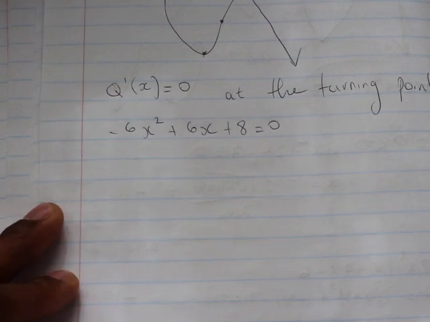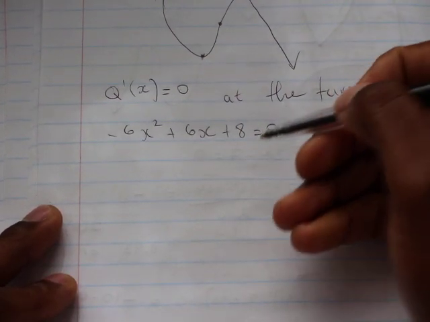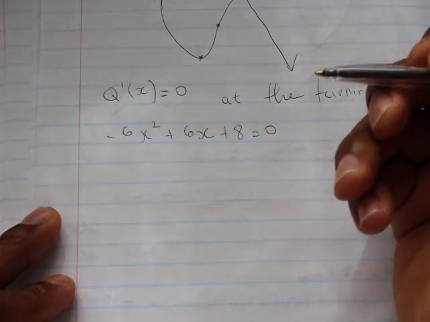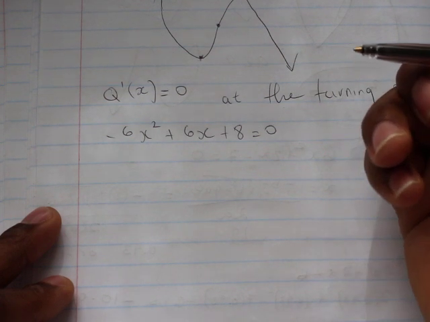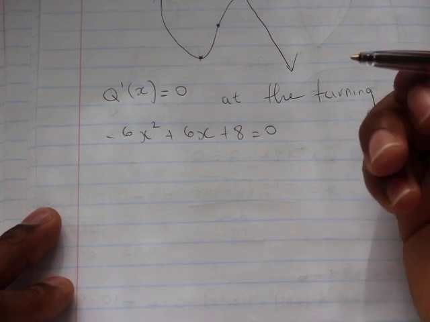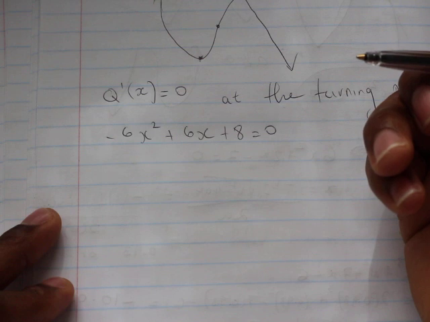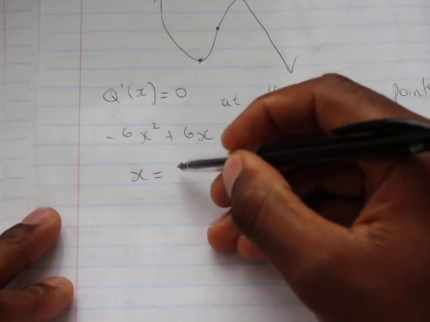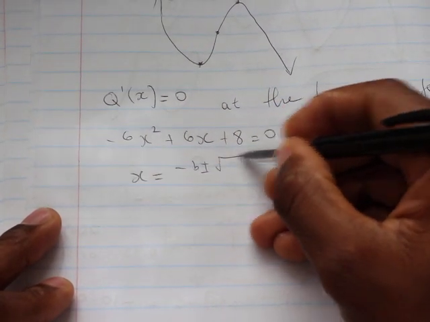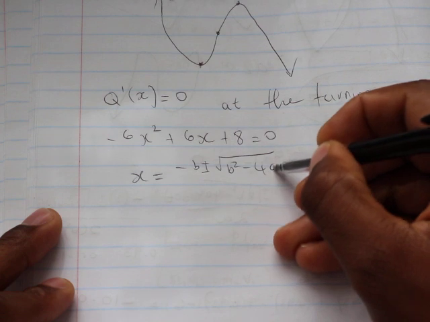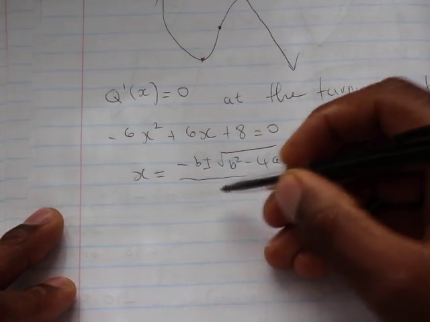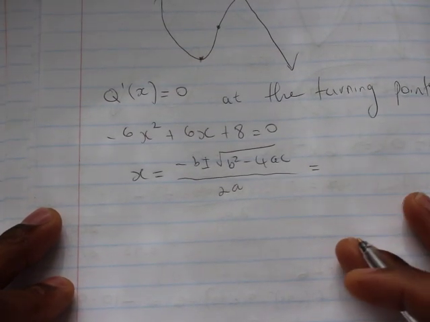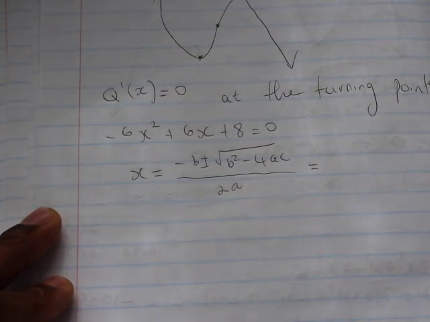So now look, we are almost done with this. Do we divide throughout by the common factor, which is 2, or do we use the quadratic formula? I'd say let's just go right ahead and use the quadratic formula, minus b plus or minus the square root of b squared minus 4ac, because whether we divide throughout by the common factor or not, we are going to get the same answers.